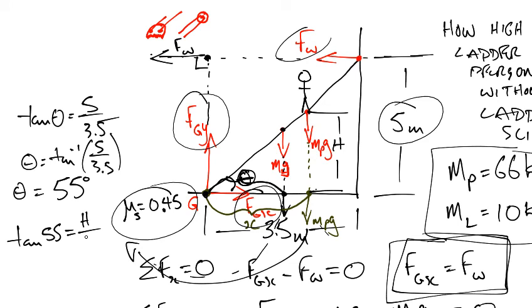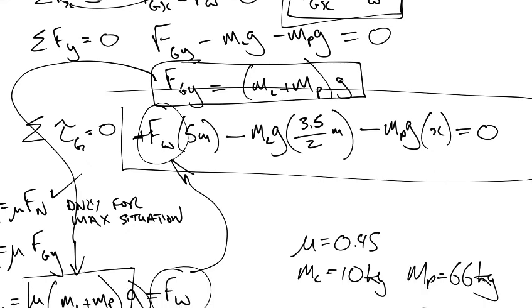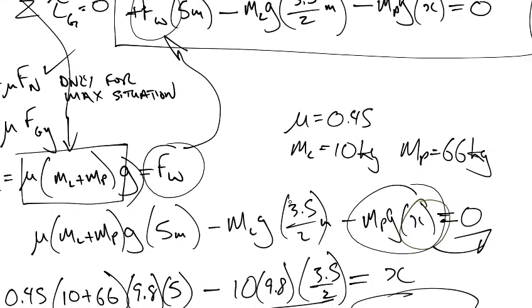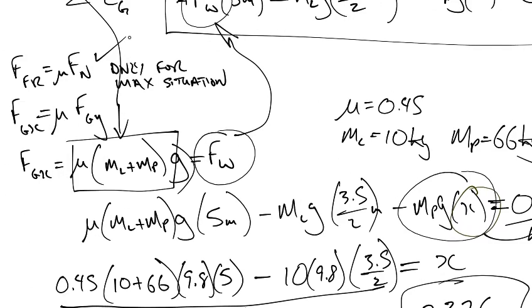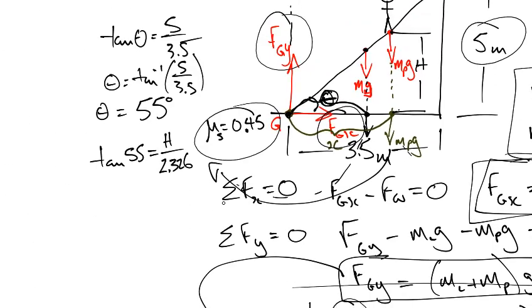divided by the horizontal distance of what we calculated earlier being 2.326, I think it was, right? Wow, it's all the way down here. Yeah, there it is. 2.326. And I think that's what I wrote.